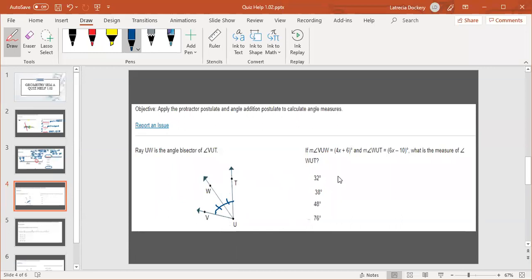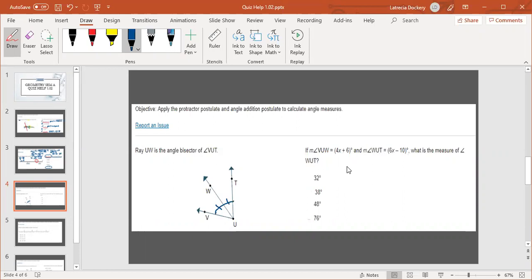If the measure of VUW is equal to 4x plus 6, that's the whole big angle, and the measure of angle WUT is 6x minus 10, what is the measure of angle WUT?